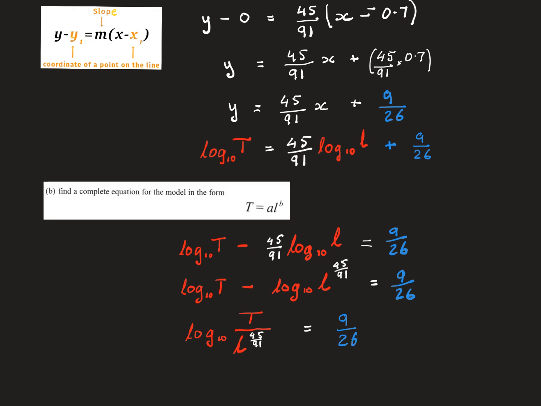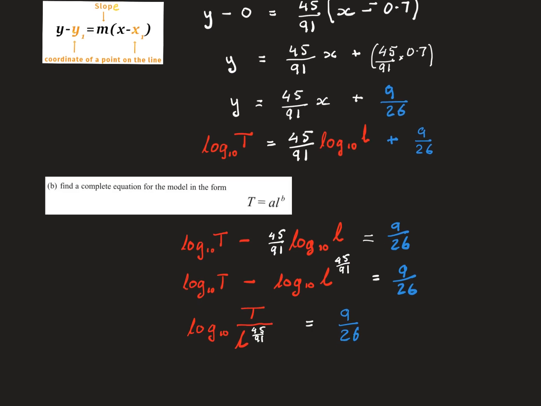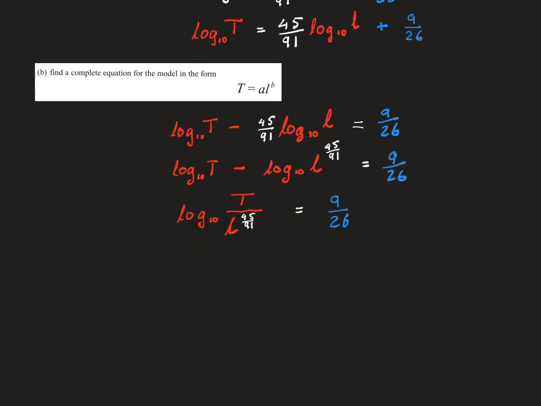Now, how do I get rid of the log? I will do the opposite, and I will put both sides to the power of 10. So that means that now t over L to the 45 over 91 is equal to 10 to the power of 9 over 26.